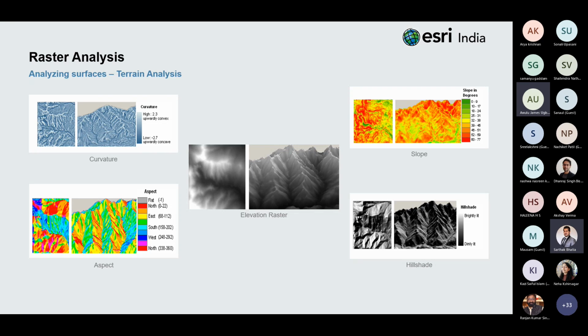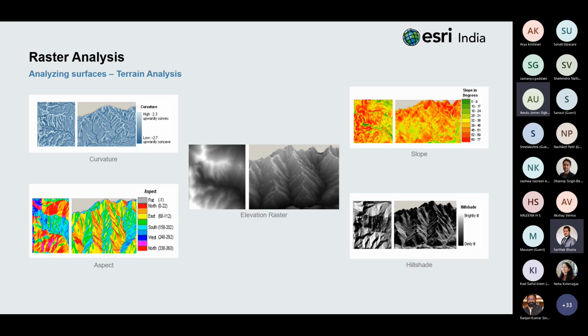Concave features, on the other hand, could be an example like channels, which are more sheltered and actually accept drainage from convex surfaces.